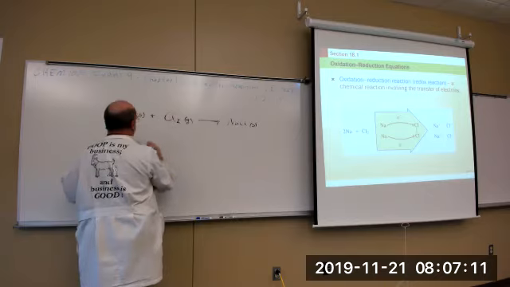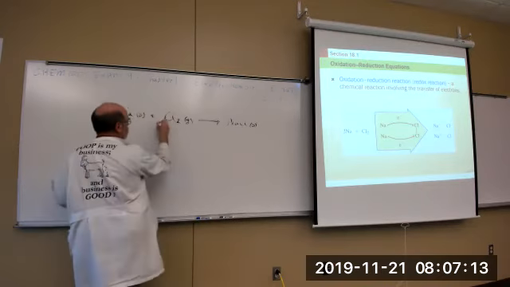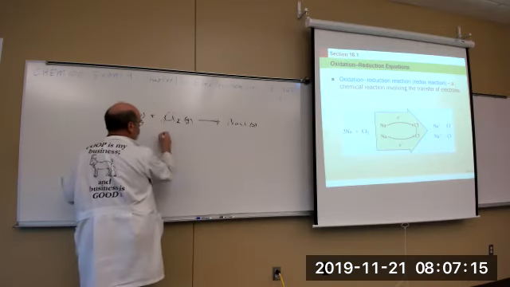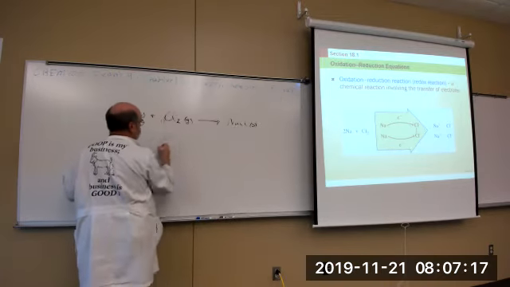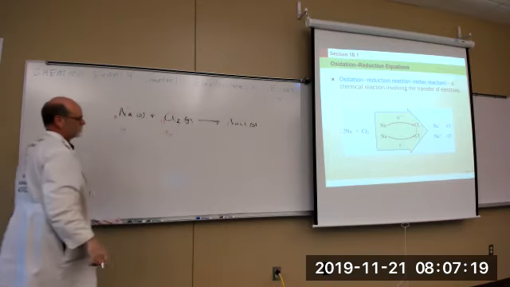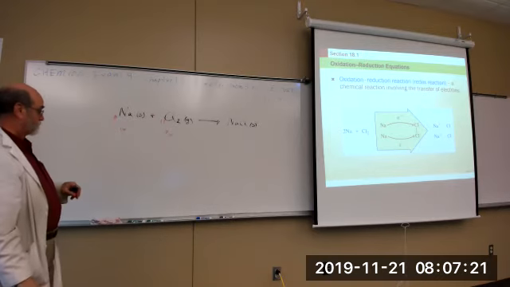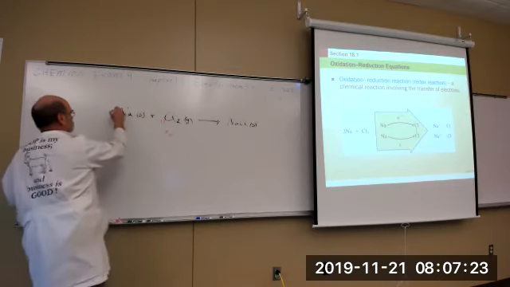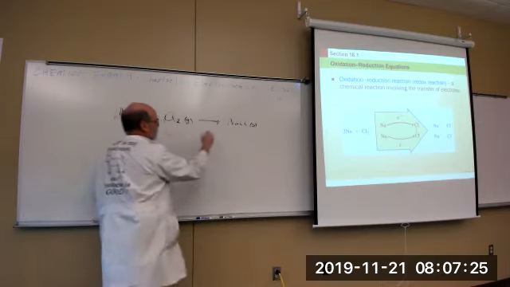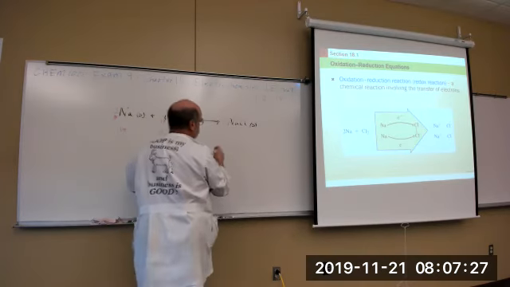Chlorine, each one of the chlorines would have 17 protons, so each one would have 17 electrons. All right? So to balance, we need two of those and we need two of these.